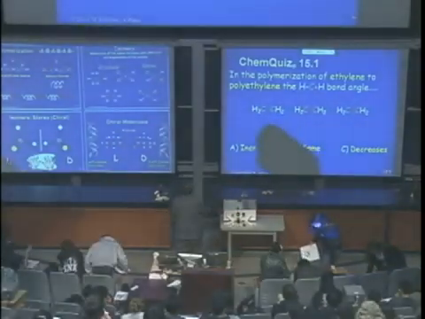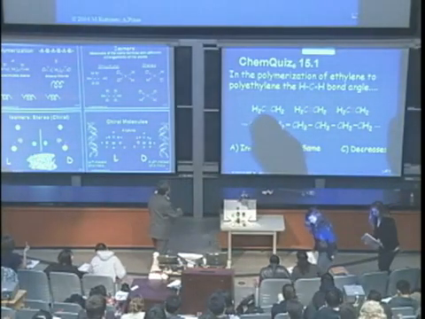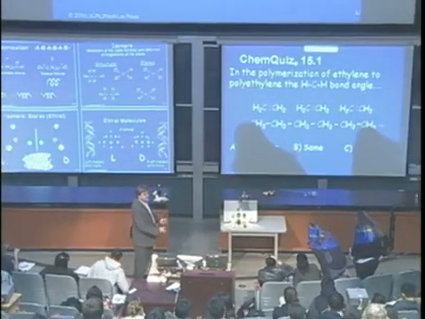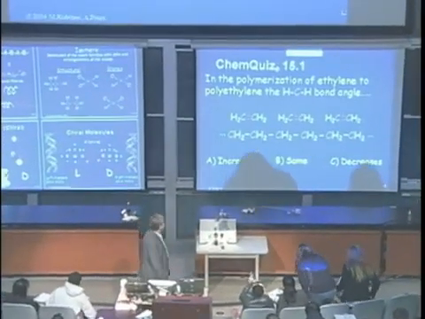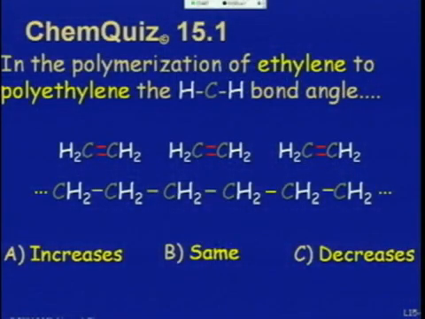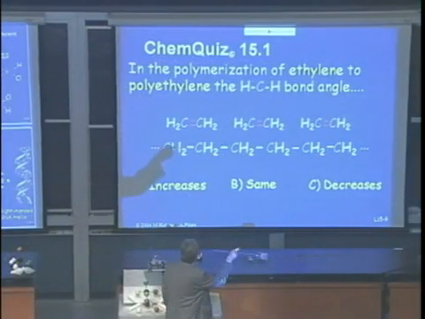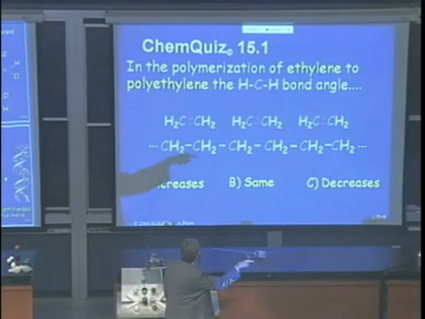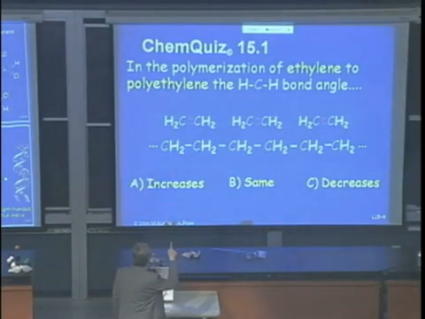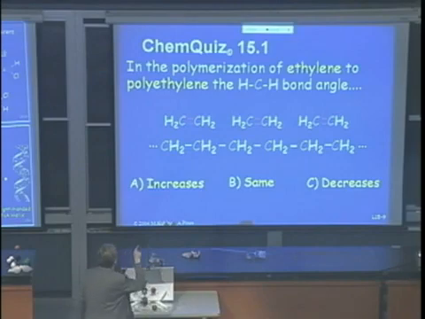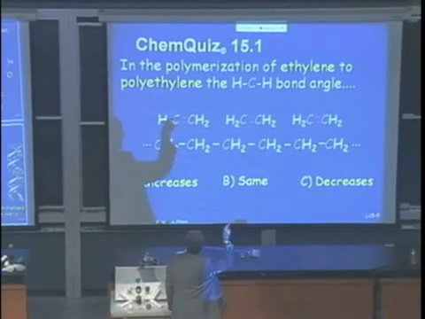So here it is. This is the polyethylene. From ethylene, we make polyethylene. And I want to know from you the CH bond angle. That's the angle between this here, the C and the H, and the C and the H here. So there are two H's, of course. Does the bond angle increase when I do the polymerization, when I go from here to here?